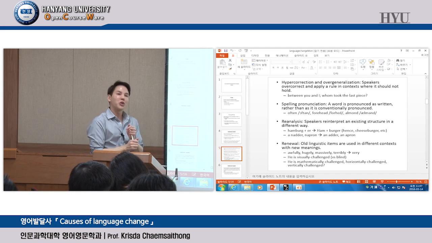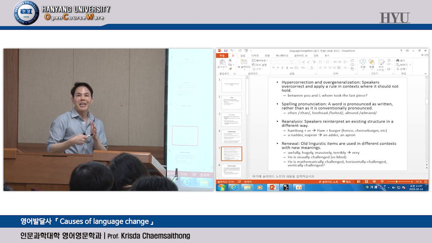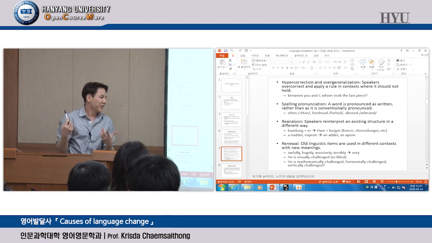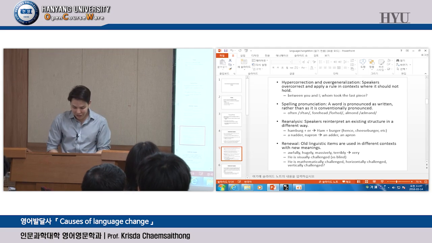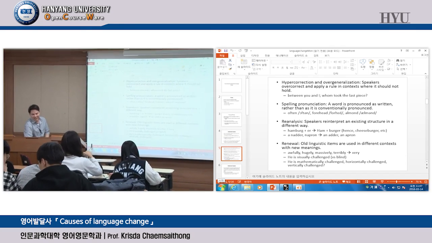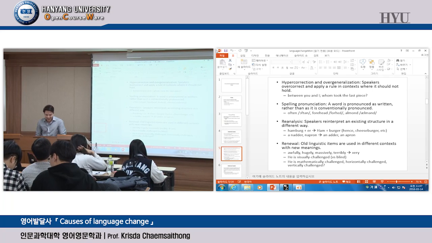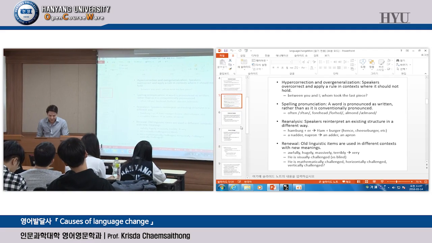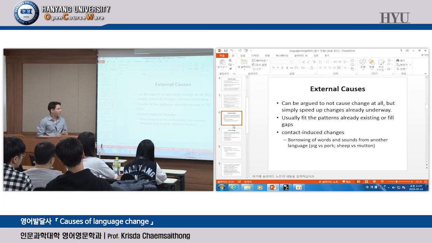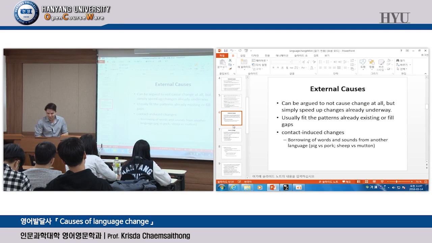Then he's short, right? So instead of saying, oh, he's fat or he's short, we say vertically challenged, horizontally challenged, like that. Right? So as a way to euphemize, avoid saying something that might cause offense to people, right?